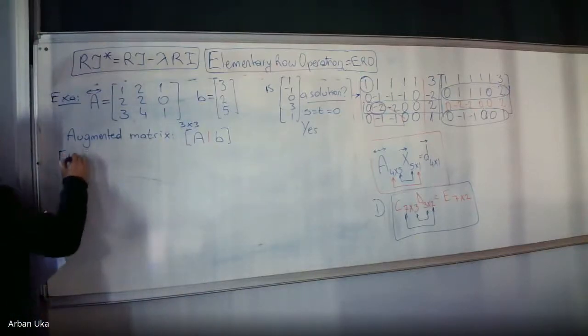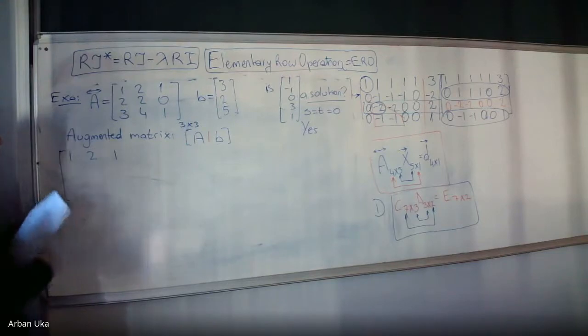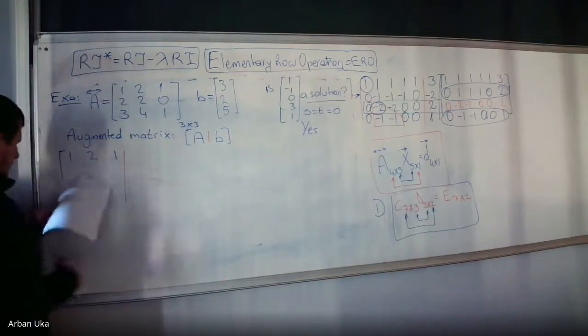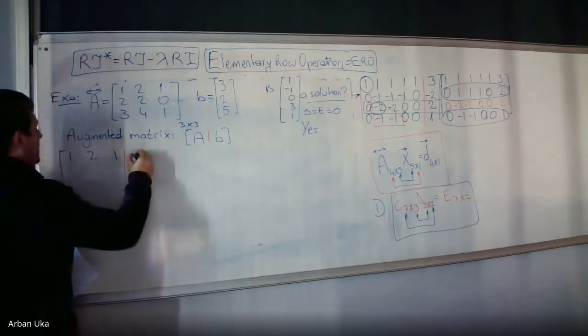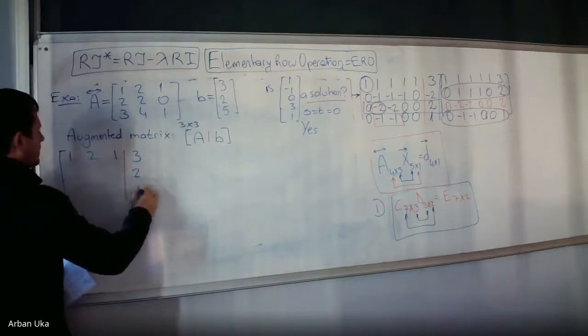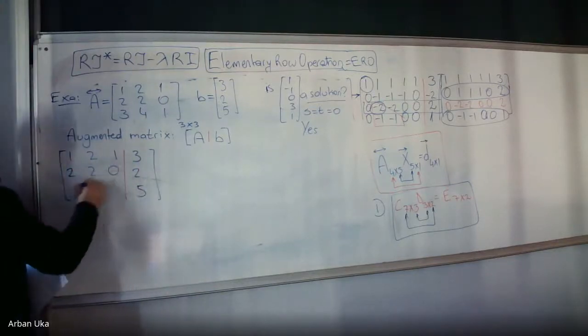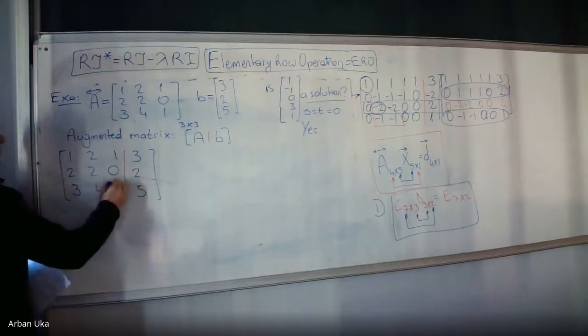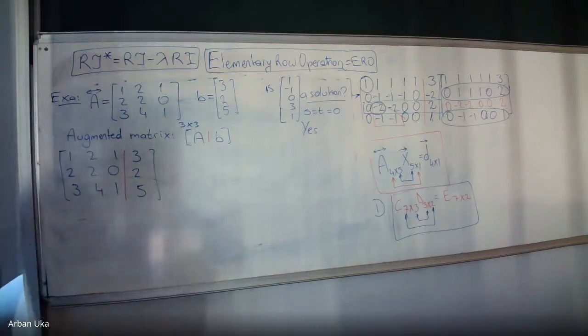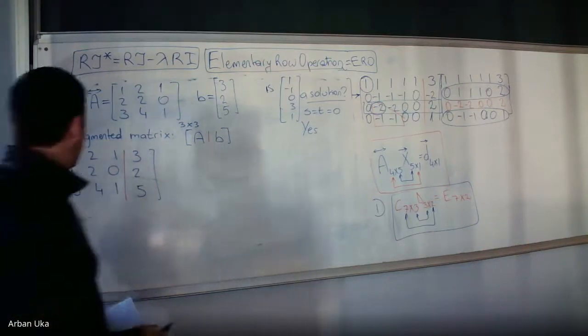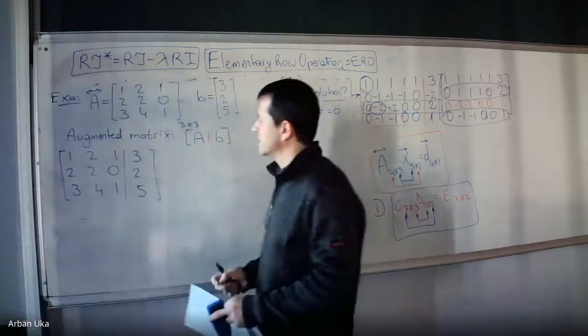We get 1, 2, 1, 3, 2, 5, and we do the rest: 2, 2, 0, 3, 4, 1. Now, once you look at these equations again, what do they say to us?